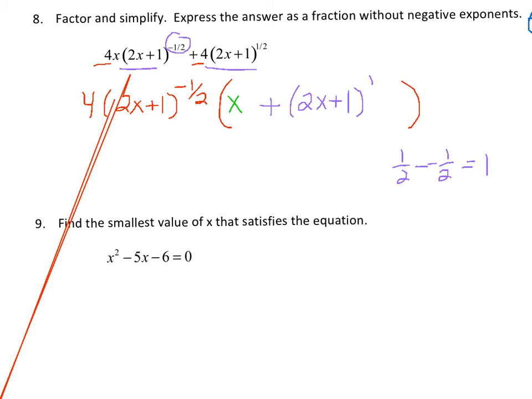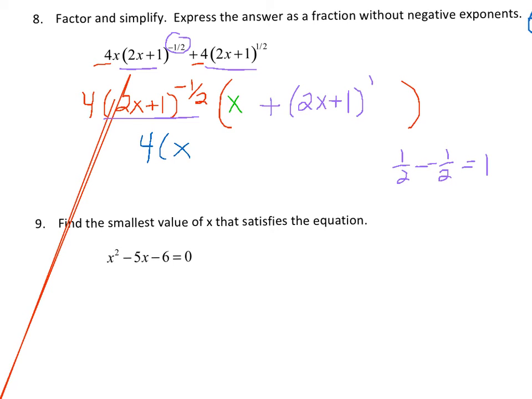So now the problem says express the answer as a fraction without negative exponents. So this -1/2 is going to send just this part of the expression to the denominator. So in the numerator, we have 4 times x plus 2x plus 1.